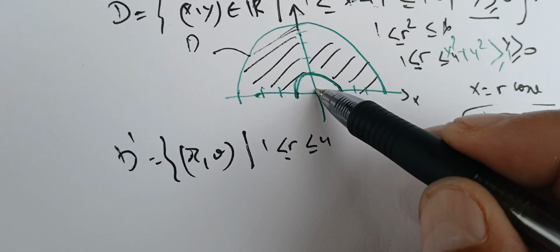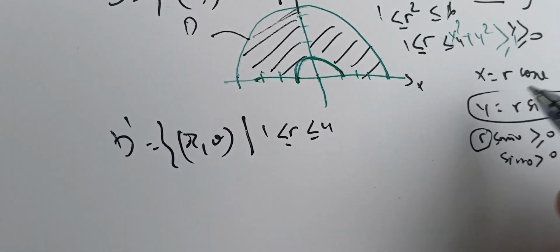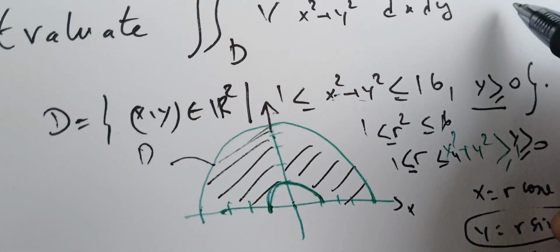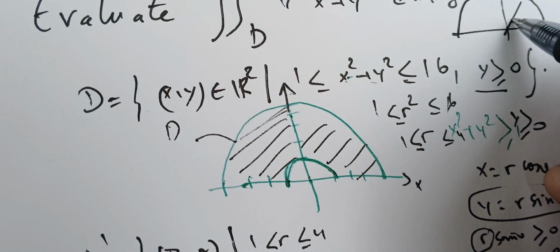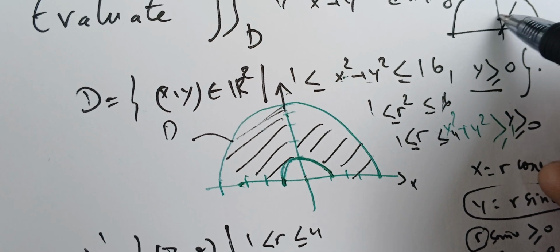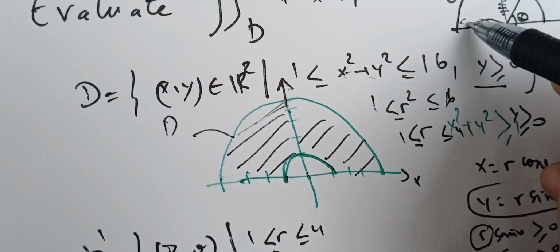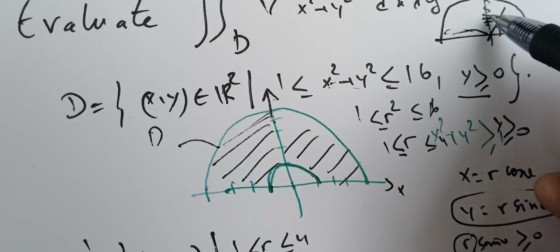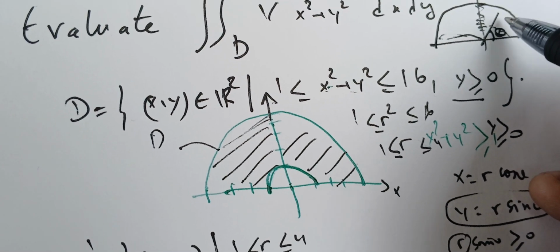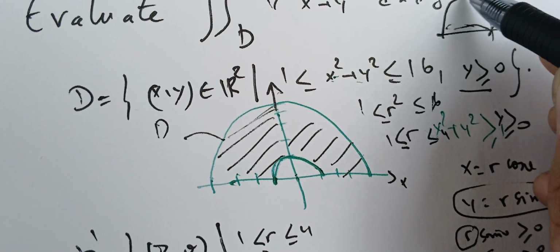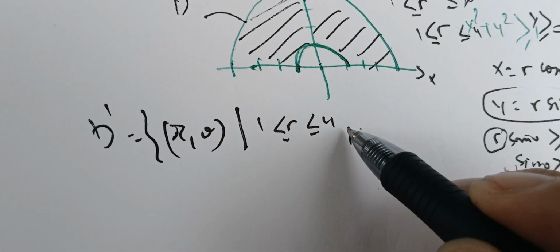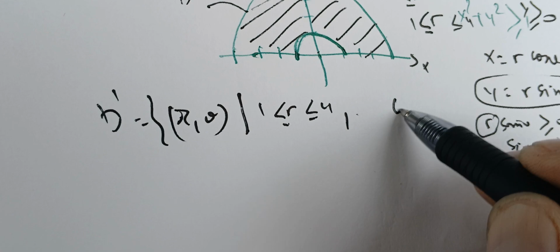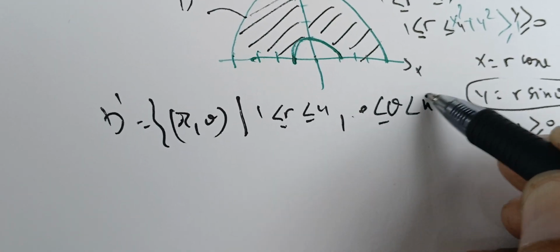From the unit circle, if we draw the unit circle here, and this is my theta, the sine is positive when theta is between 0 and pi. So the angle here is going to change between 0 and pi. So here r is between 1 and 4, and theta is between 0 and pi.